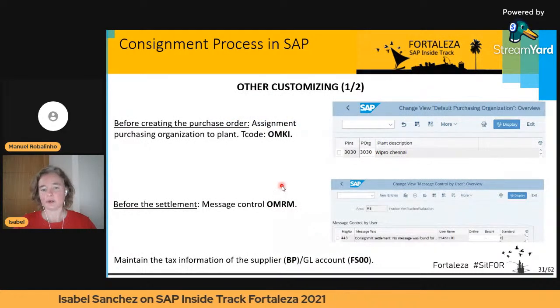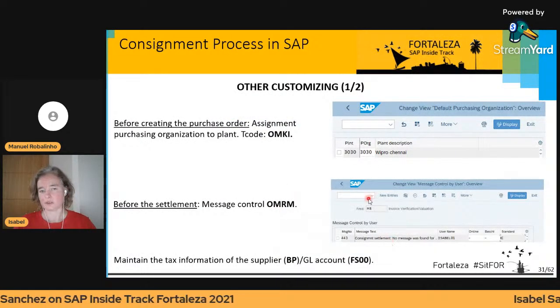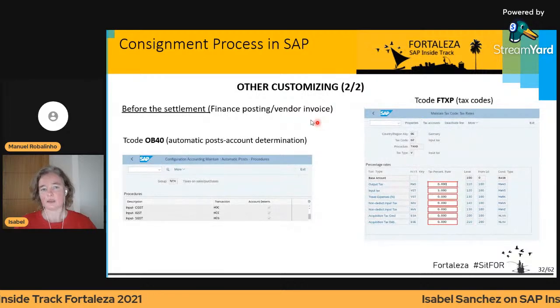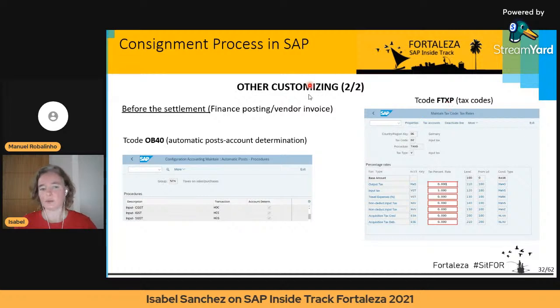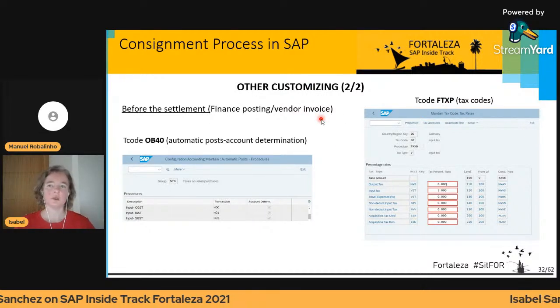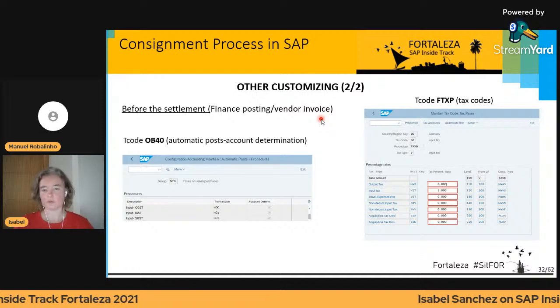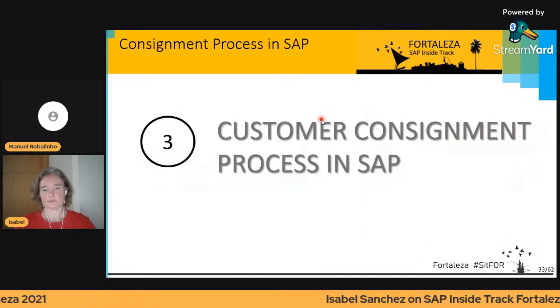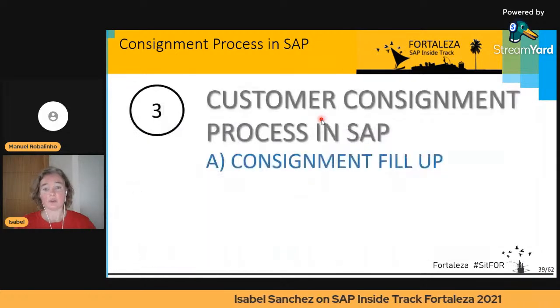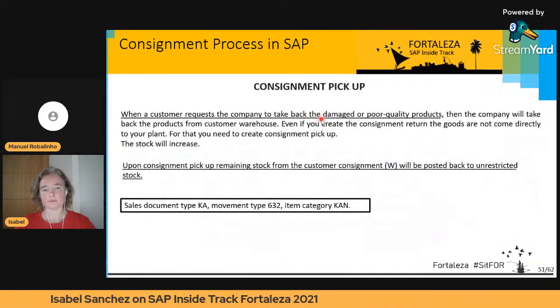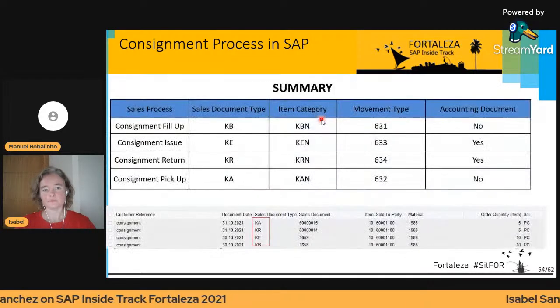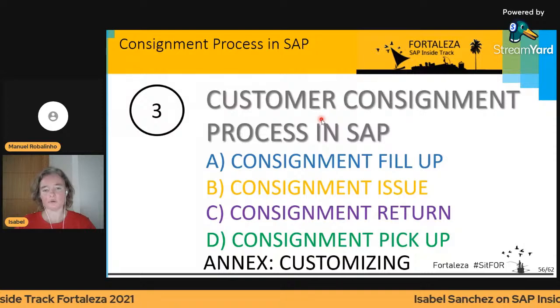And there is another customizing. I'm not going to go into detail, but there is the customizing you have to do previous to the vendor customer process regarding the customer consignment process. And I will go to the next.